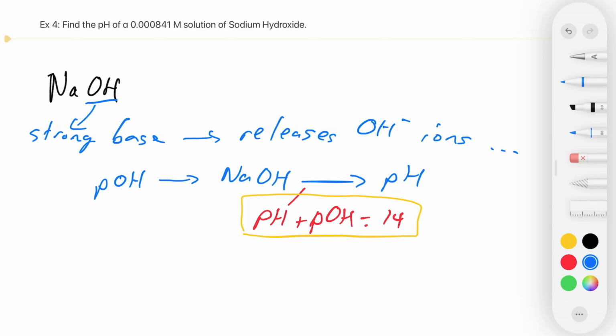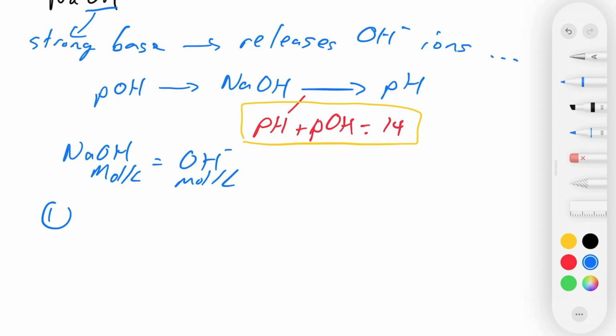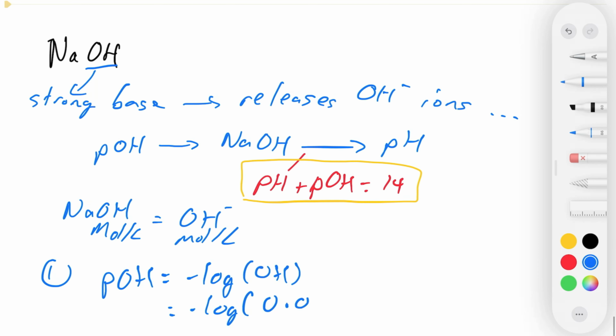Now we have the concentration, right? And remember, since it's a strong base, the NaOH concentration in moles per liter is going to be equal to the hydroxide concentration in moles per liter because it's strong. So we can plug in our concentration directly into the pOH formula, which is negative log OH minus, which is going to be negative log 0.000841.